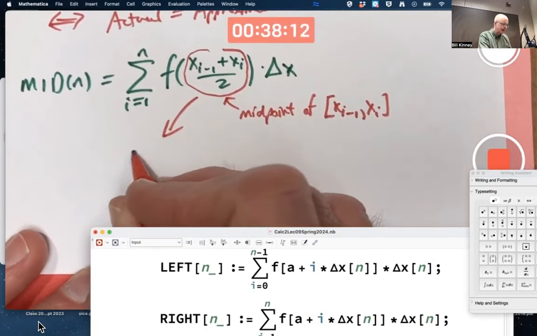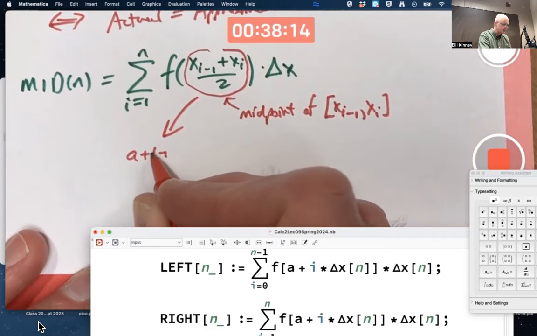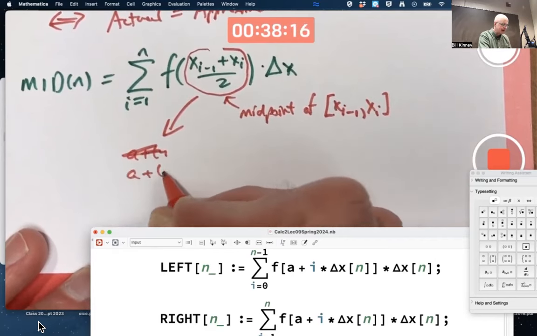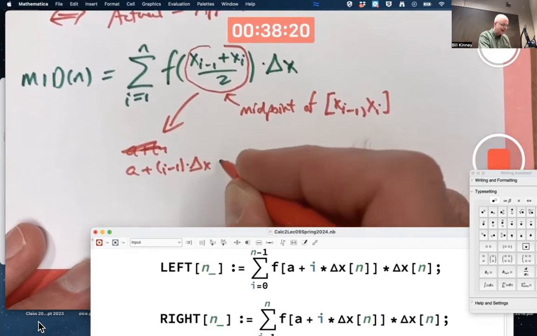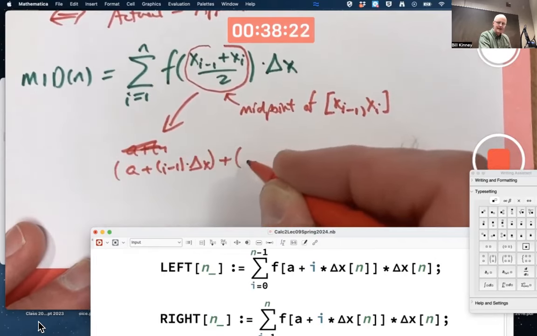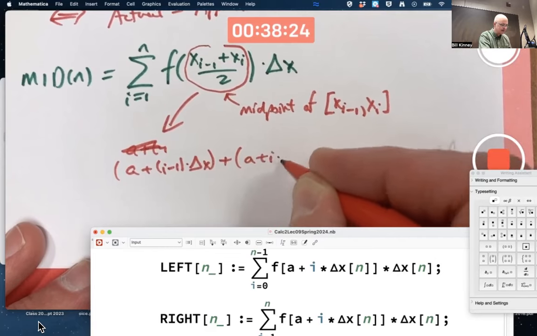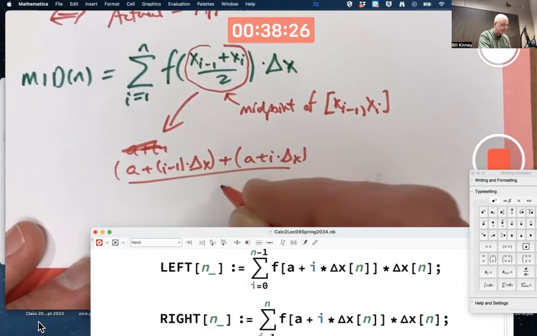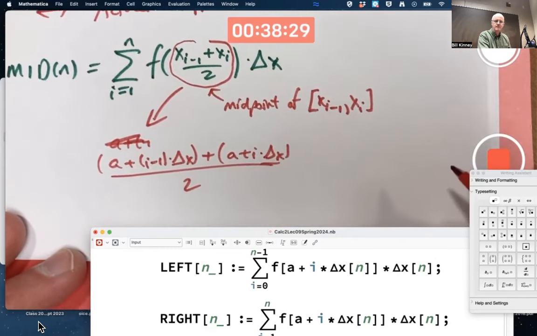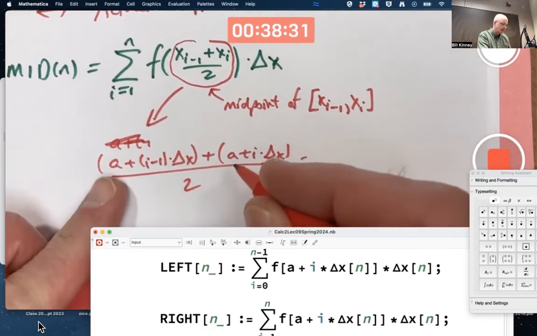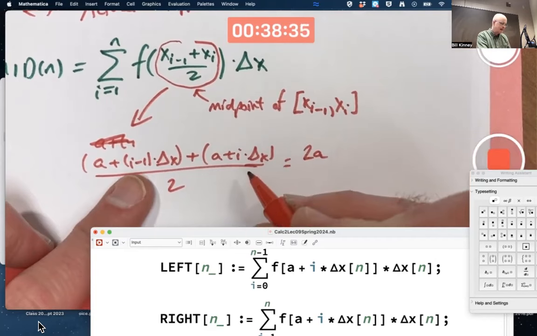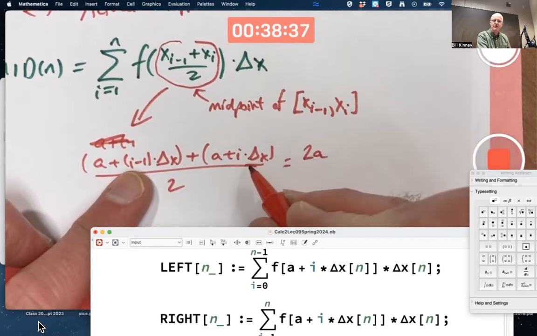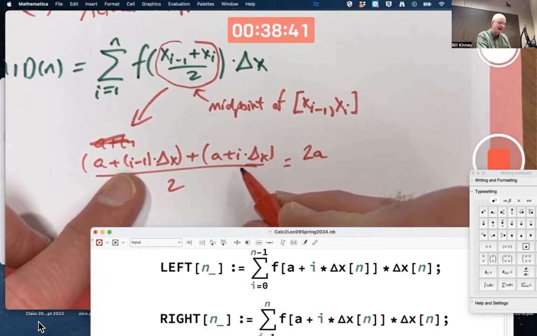x i minus 1 is a plus i minus, whoops, a plus i minus 1 times delta x. xi is a plus i times delta x. It's all being divided by 2. We've got 2 a's. That gives you 2a. And if I combine these two expressions that both involve delta x and factor out the delta x, we've got an i in both spots.